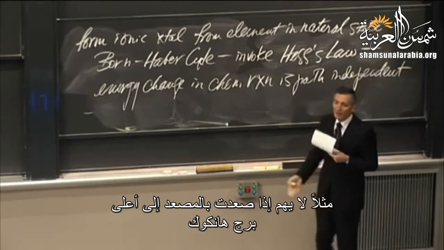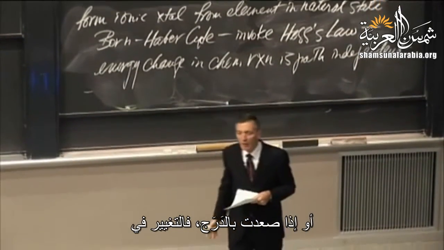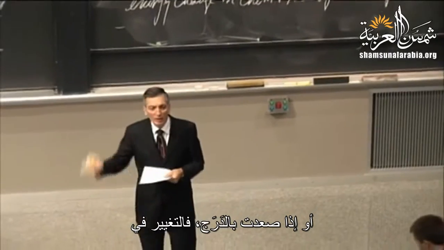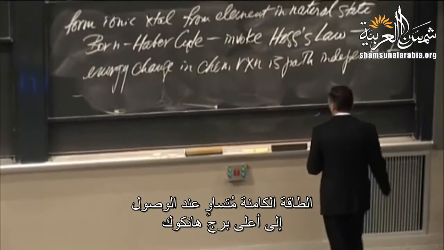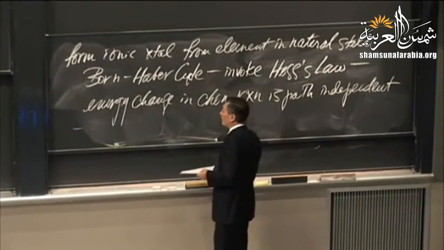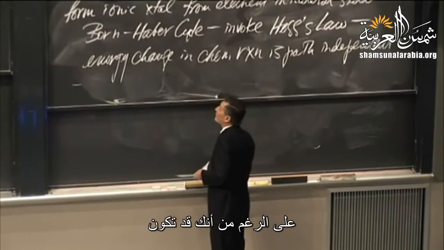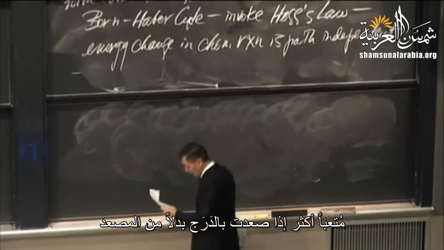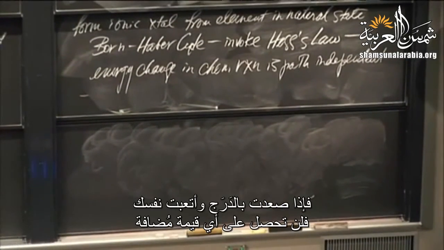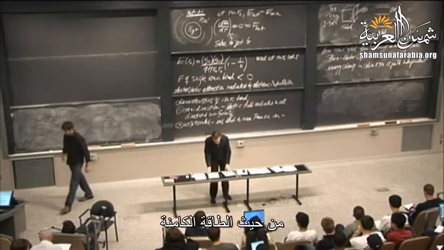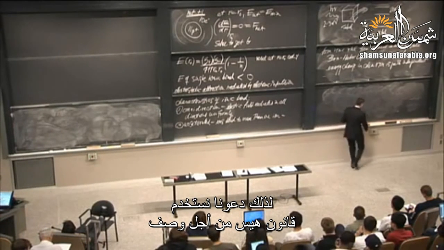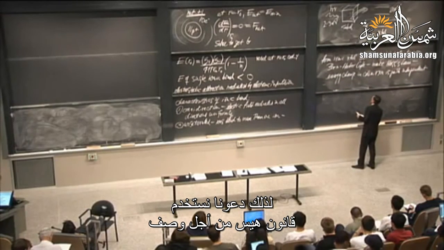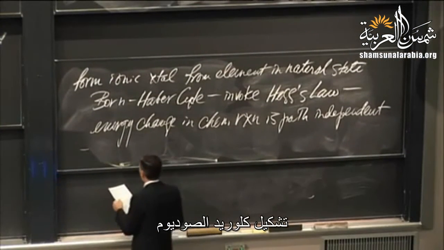It doesn't matter if you take the elevator to the top of the Hancock Tower or if you walk up the stairs, the change in potential energy is the same, although you might be somewhat more exhausted having walked the steps instead of taking the elevator. But you don't get any credit in terms of the potential energy. So let's use Hess's law to describe the formation of sodium chloride.